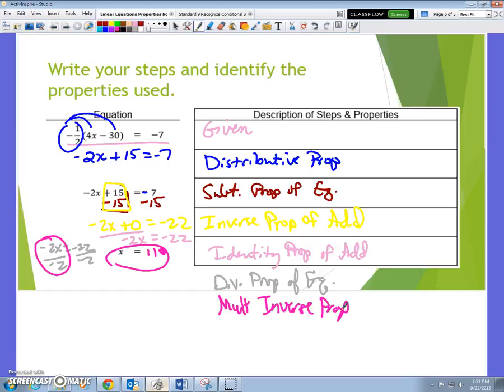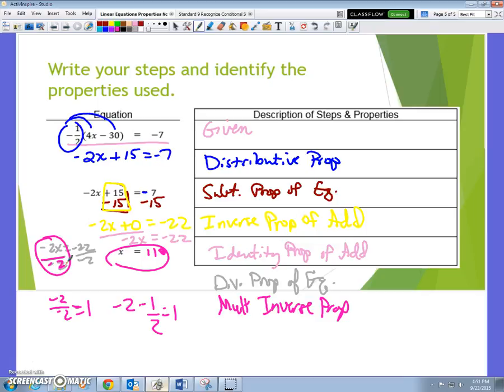And that just says if I take -2 divided by -2, it equals 1, or it says the same thing, -2 times -1/2 equals 1, either way. Okay, dividing by -2 and multiplying by -1/2 are the same thing. So we're going to call it the multiplicative inverse property of equality.